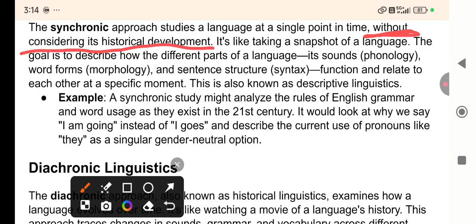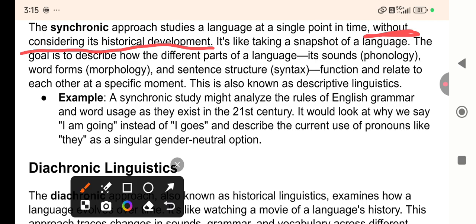That attitude or approach is called synchronic. Synchronic means what is going on in a particular period. Suppose you want to study Middle English, then you don't bother about modern English. Your focus will be on Middle English, the English that was used in the 16th and 17th centuries.